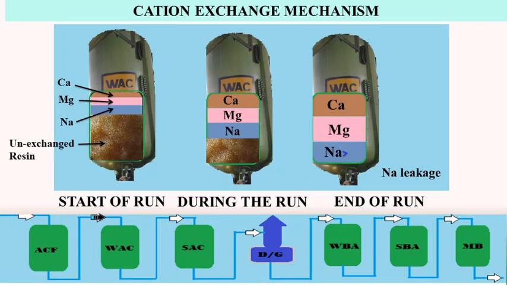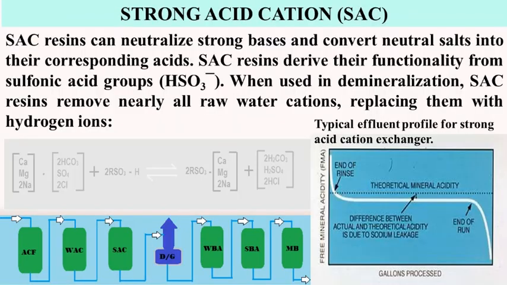In a full demineralization system, weak acid cation and strong acid cation resins are used in combination, to provide economy and more efficient performance: the high regeneration efficiency of weak acid cation resin along with the full exchange capability of strong acid cation resin gives the best performance. Cation resins can neutralize strong bases and convert neutral salts into their corresponding acids.